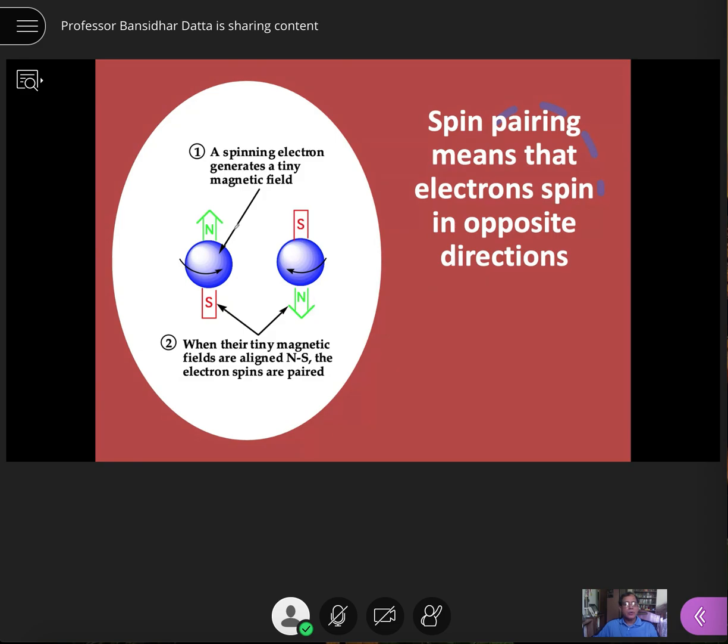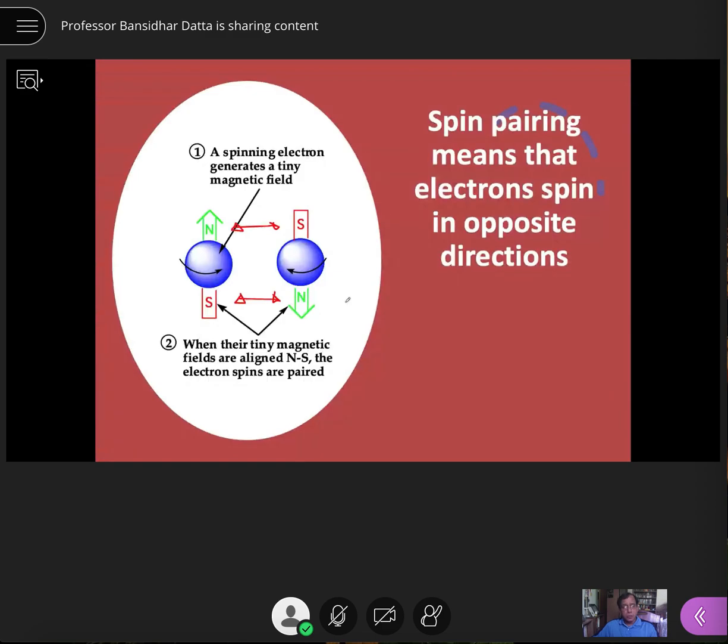Now, as you probably know, north pole and south pole attract, south pole and north pole attract. That means they can stay together. So by spinning, the 2 electrons can stay together by spin pairing. That's called spin pairing. Because of creating 2 tiny magnets, now they can stay together. So that's the meaning of spin pairing.